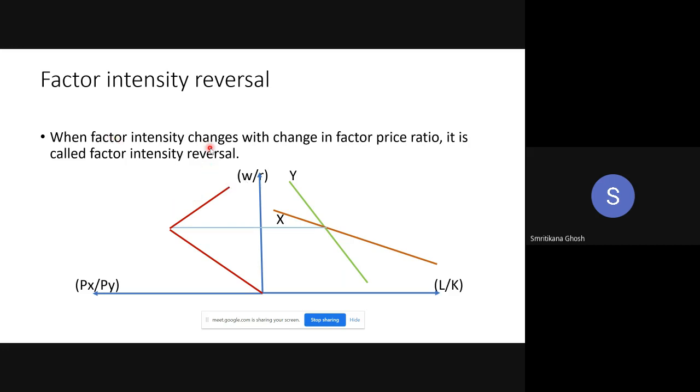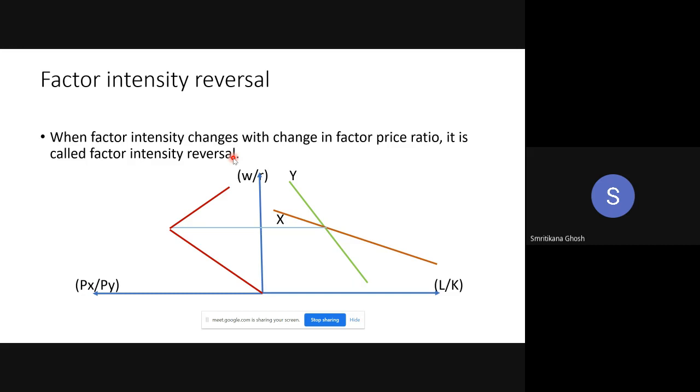So this is factor intensity reversal. Now we want to check, why we have introduced it, because we want to check under factor intensity reversal whether the HO theorem is true or not.